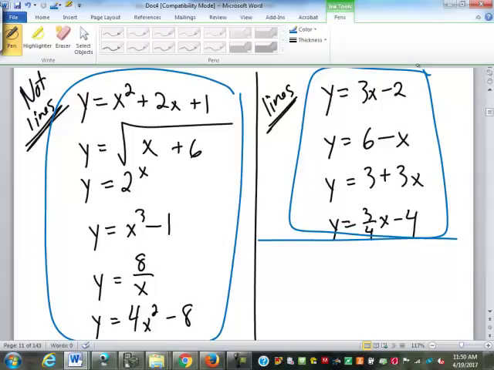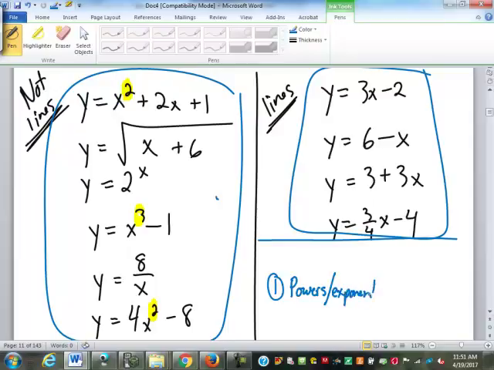Can anybody see anything over here that's different on these equations on the left? I'll point these out. What am I highlighting there? We're looking at powers or exponents on the variable.